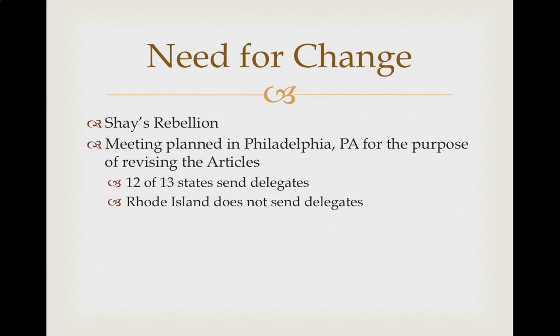So when you get the delegates coming from these various states, the only thing that they were given permission to do was to revise the Articles of Confederation. They did not have permission to write a new constitution. So 12 of the 13 states send delegates. Rhode Island does not send any delegates to this meeting. And this meeting eventually becomes known as the Constitutional Convention, and it is where the Constitution is written.